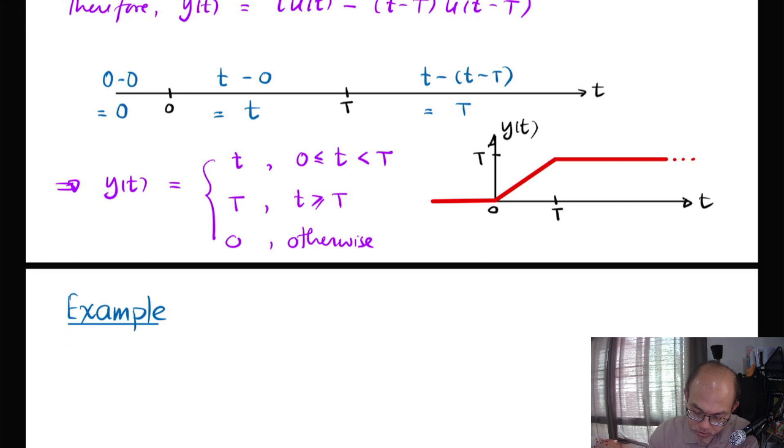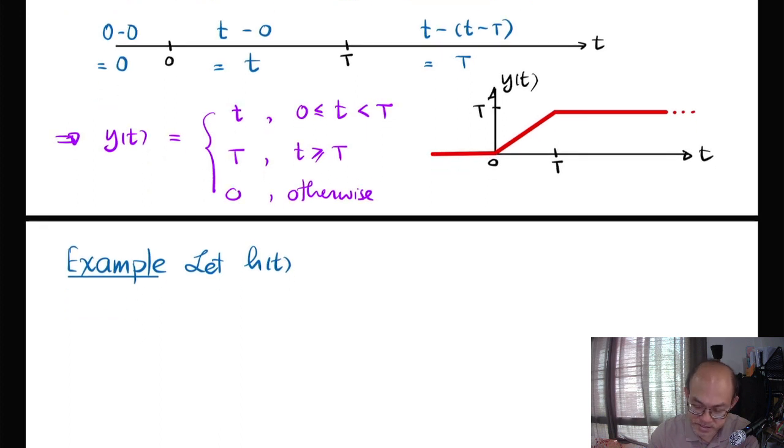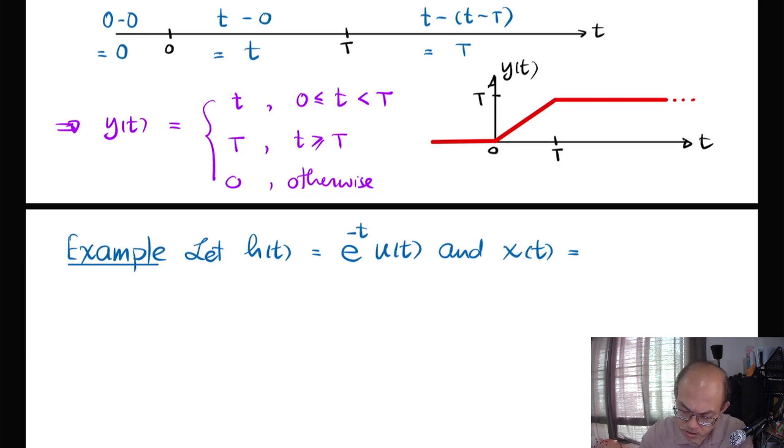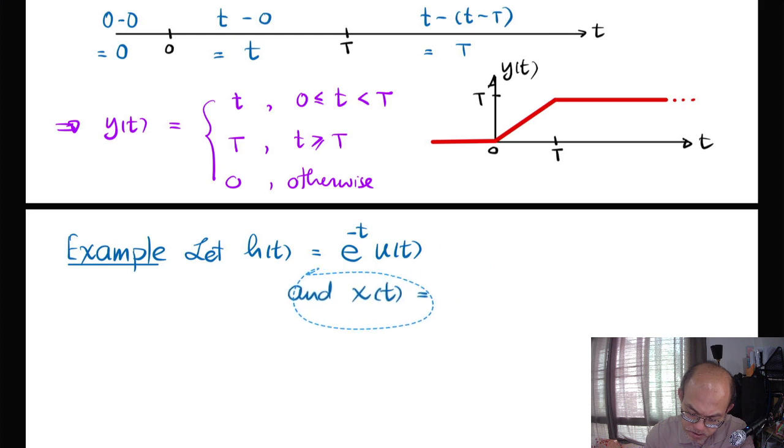Suppose we let h of t be a linear time invariant system with the impulse response equal to e to the minus t u of t, and the input is the same signal, u of t minus u of t minus 2.